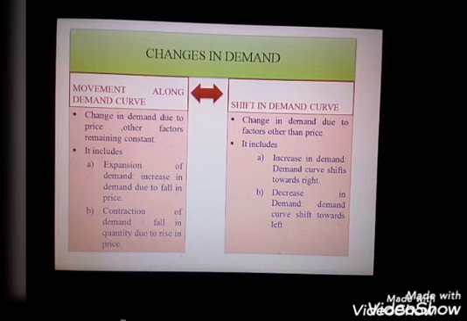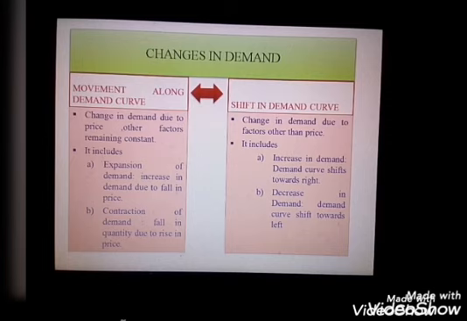Shift in demand curve. Change in demand due to factors other than price. That is, the price remains constant and all the other factors such as income of the consumer, substitute goods, complementary goods, taste and preference of the consumer, etc. are changing, whereas price alone stands constant. In such a condition, when the demand changes, it is called shift in demand curve.